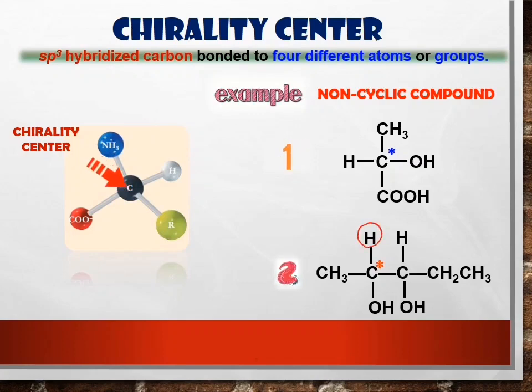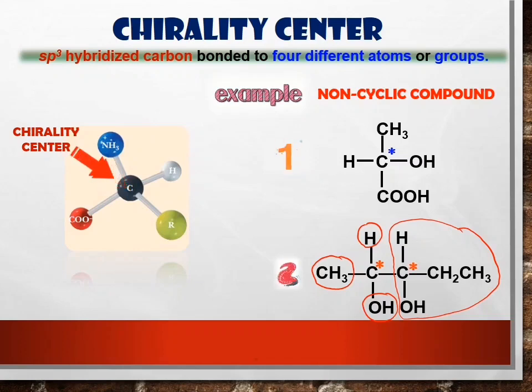Because this carbon is bonded to one hydrogen here, one group of atoms here, CH3, one group of atoms here, OH, and also all these groups of atoms. So this carbon is bonded to 4 different groups of atoms. So this is the first chiral carbon.